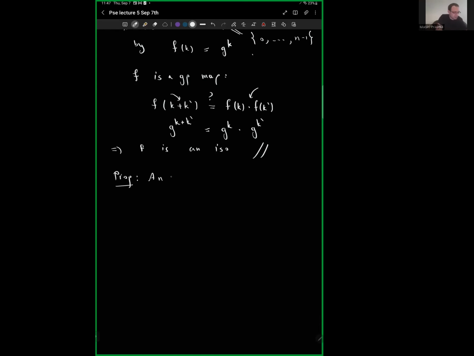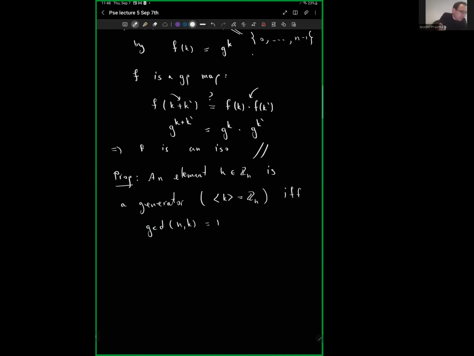An element k in integers modulo n is a generator, and when I say generator, I really mean that the group generated by k is the whole ambient group, if and only if GCD of n and k is equal to 1.